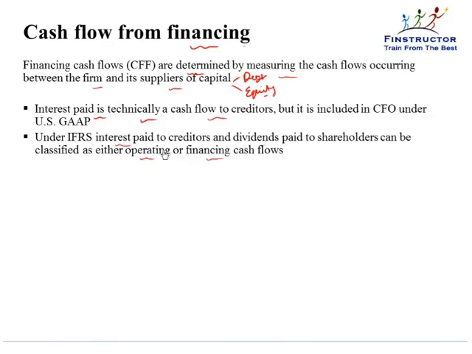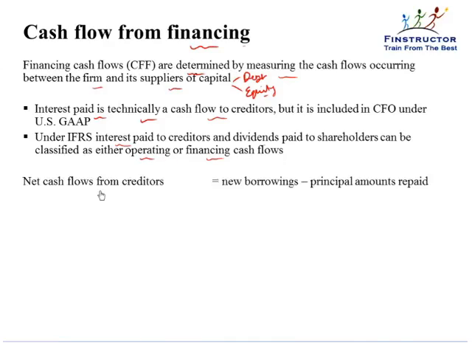So if you feel that both of these are repeatable continuous expenses that should be deducted from operations, you can take them as operating cash flow, or you can keep them in financing. So the net cash flow from debt holders will be the new borrowings minus the principal amounts repaid. Please recall that interest paid is cash flow from operations. So any new borrowings would be a cash inflow. Any principal repayments will be a cash outflow.